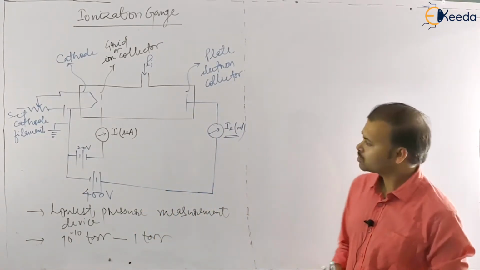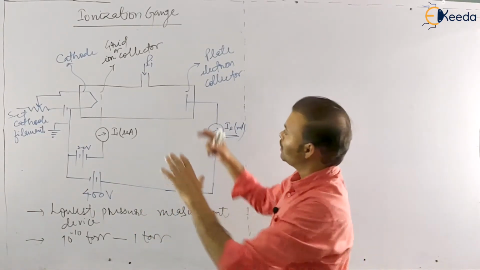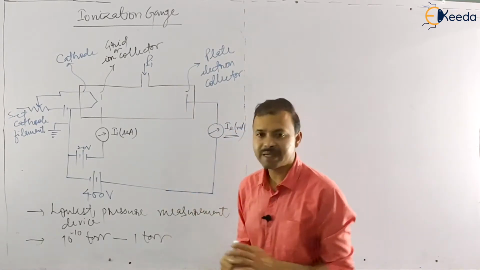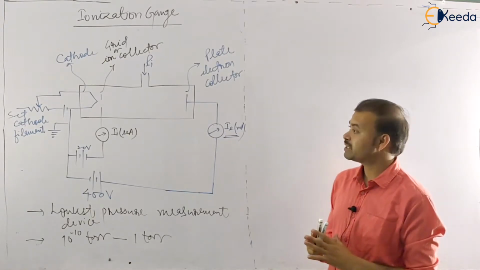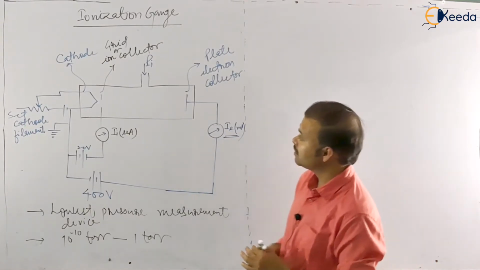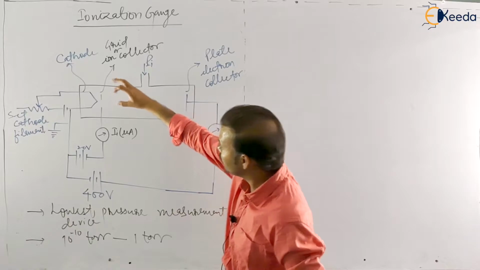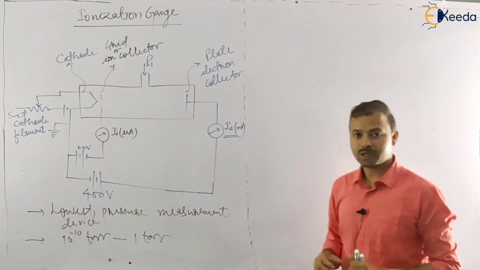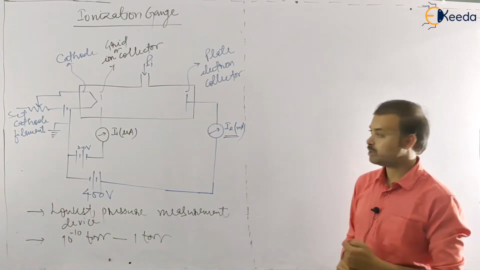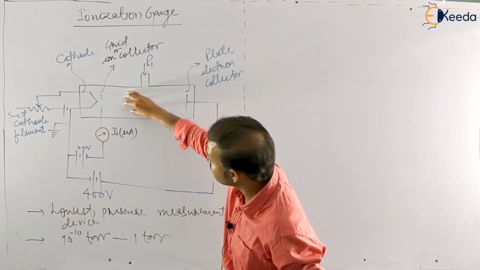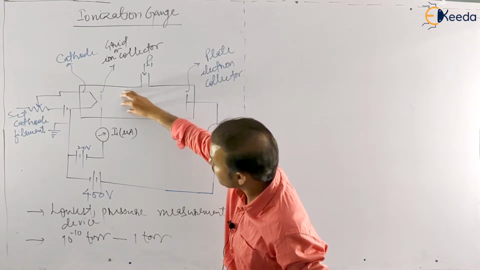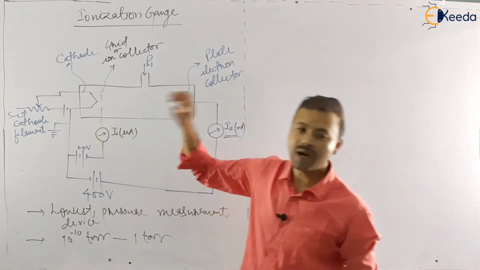Now let us suppose there is a large number of molecules present in this chamber, and the cathode will ionize them. It means that the larger the number of molecules in this chamber, the larger will be the ion current.